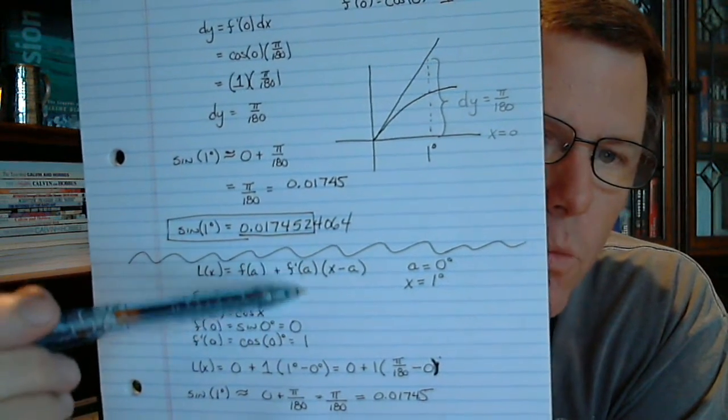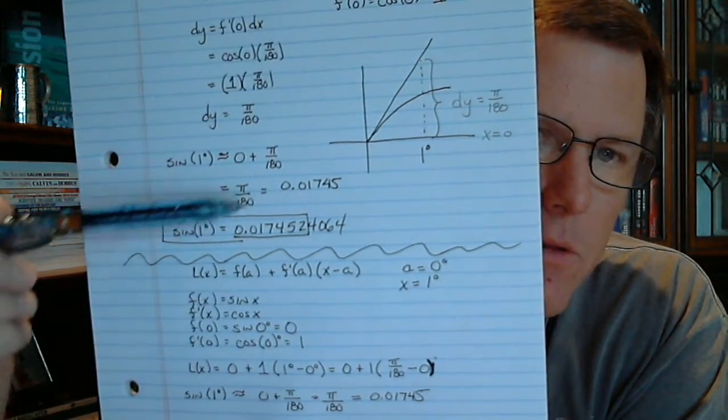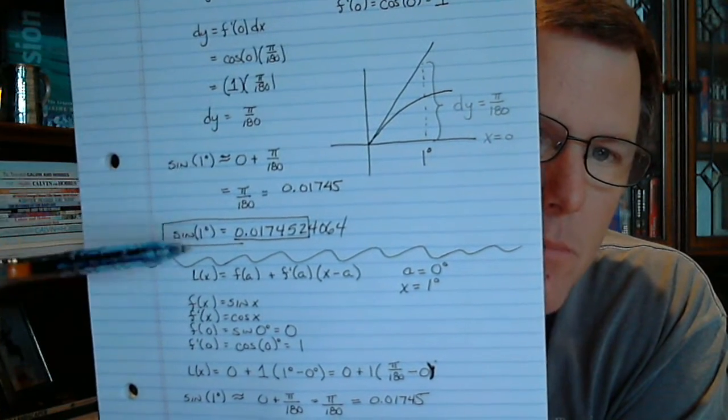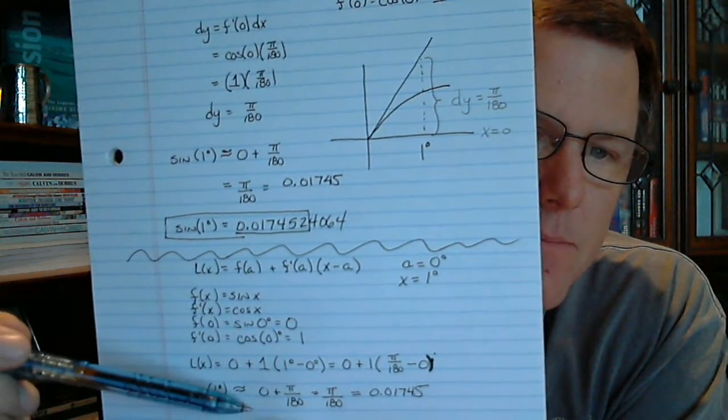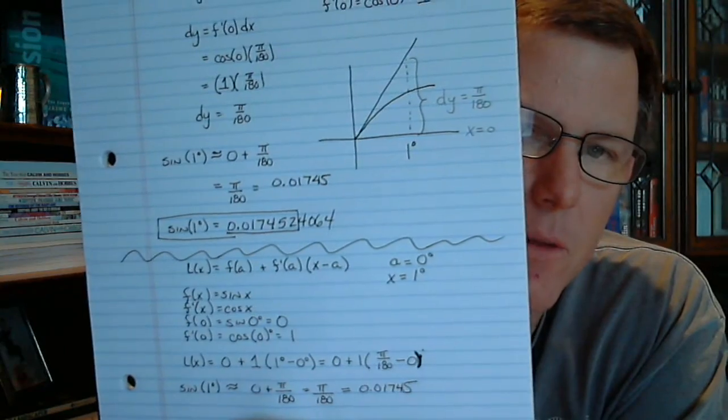I admit that the work in the middle looks a little different than the work up here, but the answer in the end is exactly the same, which is probably why in the instructions it says use linear approximation or differentials to complete problems 23 through 28.